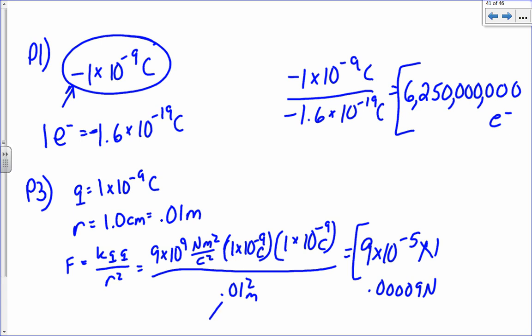So if I double this separation, I'm just going to say it's twice that. Don't forget to include the squared there: 2 times 0.01 squared.